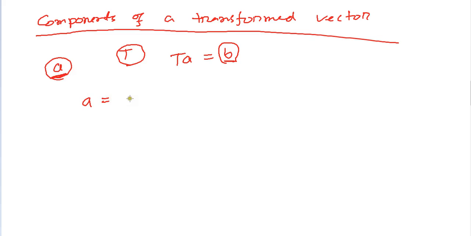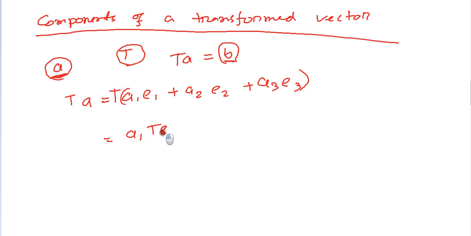A can be written as A1 E1 plus A2 E2 plus A3 E3, right? If we transform this, we have T of A, so we write down T here. We get A1 T E1 plus A2 T E2 plus A3 T E3.